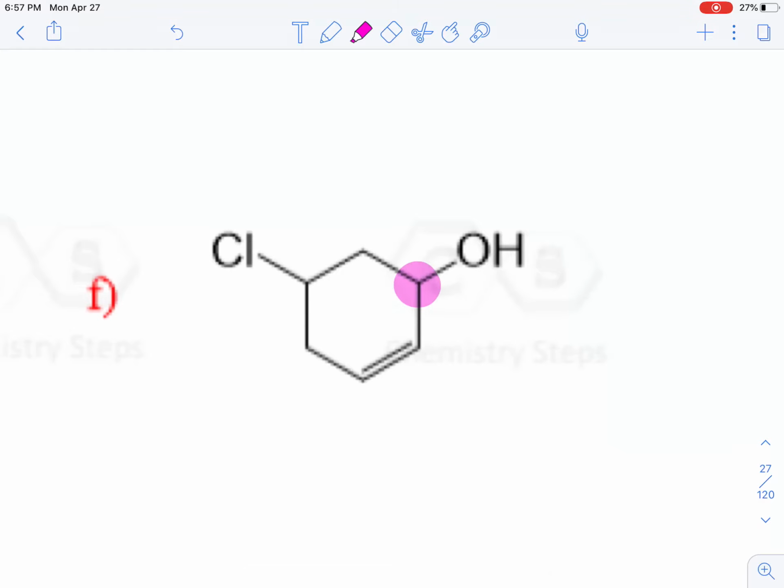And so here I have a cyclic alcohol for F. So I'll just write it down. So I have a cyclic alcohol.